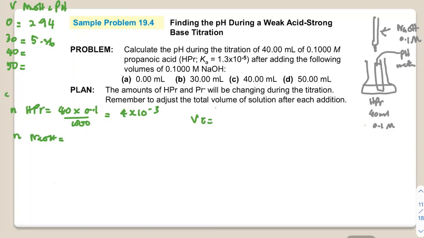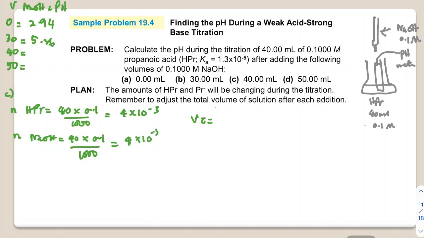Okay, let's look at C. It is after 40 ml of the sodium hydroxide is added. So as usual, firstly we have to know the initial amount of the HPr, which is 4 times 10 power of negative 3, and then the amount of the sodium hydroxide added is 40 ml times 0.1 molar over 1000, so it is 4 times 10 negative 3 as well.